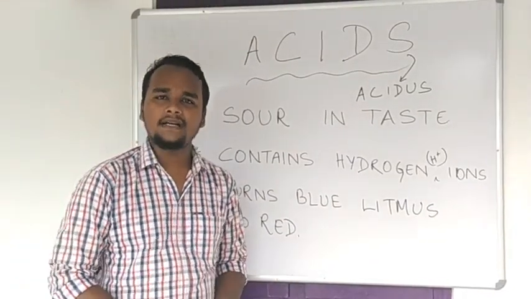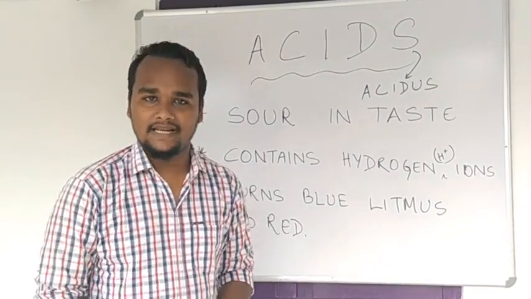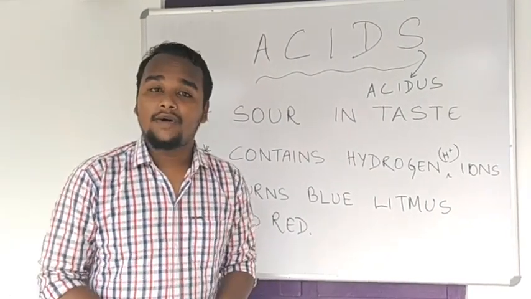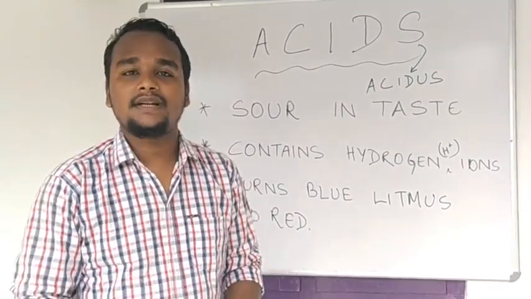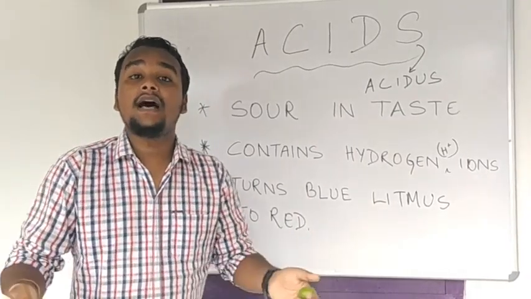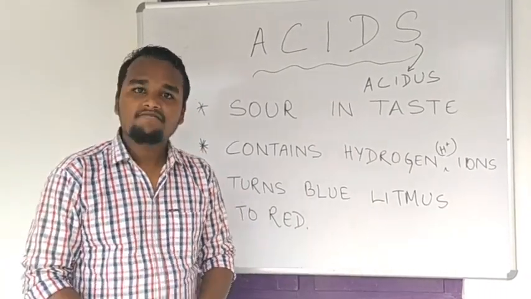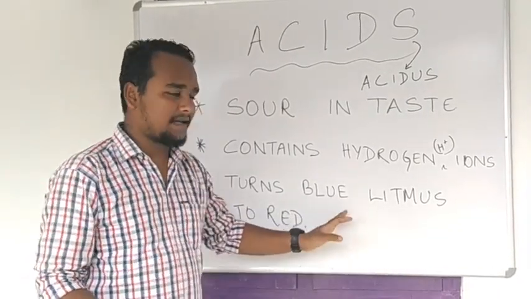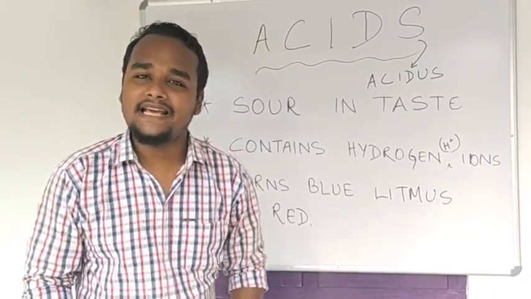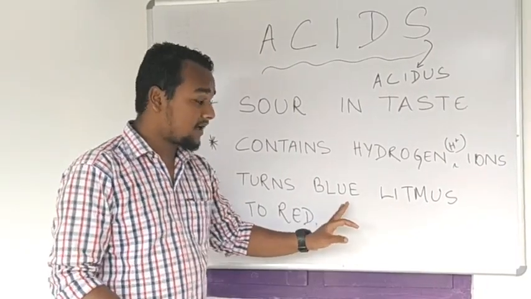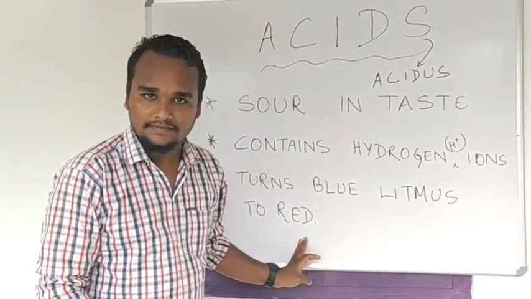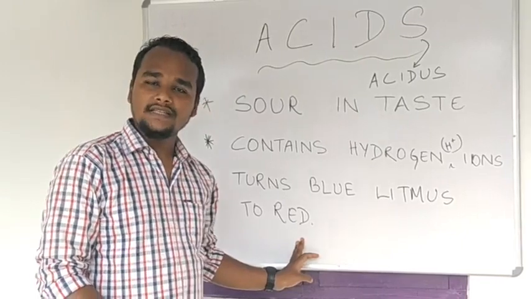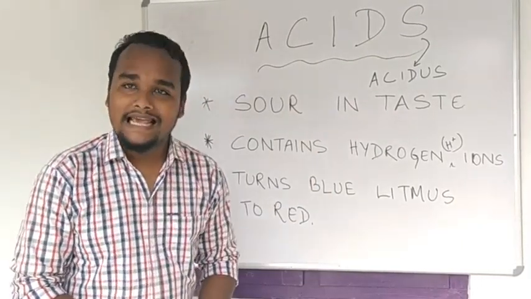What is this litmus paper? A litmus paper is an indicator to indicate whether a substance is an acid, a base, or a neutral one. So when you take a blue litmus paper and dip it in any acidic medium, then it will turn red in color. Clear? So this is the property of an acid.